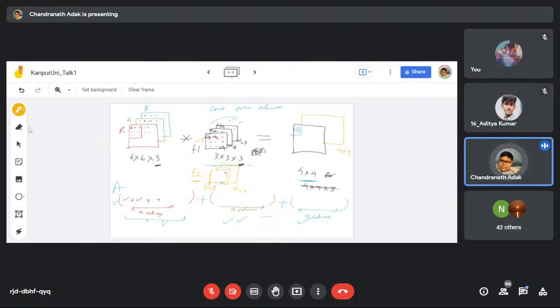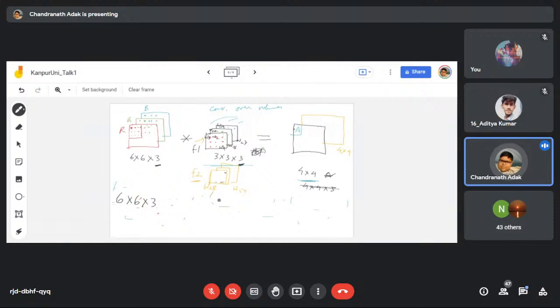So that means what we are getting, just a minute. This step is a little important. Input I had 6 cross 6 cross 3.